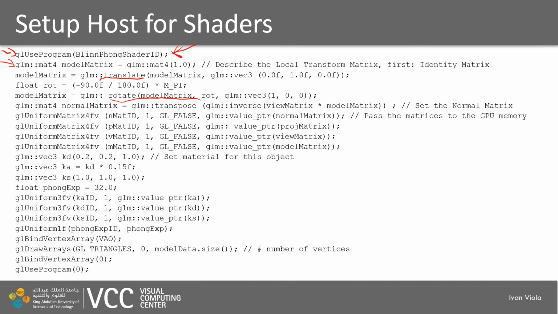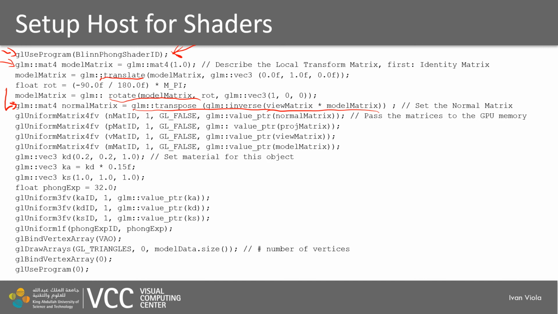Then we are calculating our normal matrix, which should be used for the transformations. And this normal matrix is, as we know, the inverse transpose of the model matrix and the model view matrix.